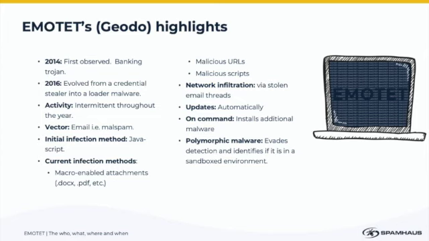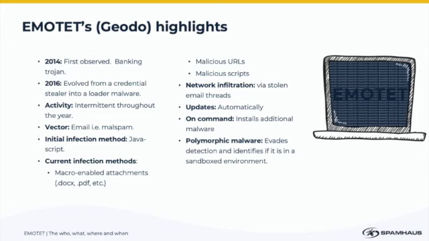But now it's using macro-enabled attachments. It's linking to URLs, and in some cases, some emails may even contain the malicious script themselves, where people are allowing these scripts to be run within the emails. But it's largely happening via that type of distribution method rather than JavaScript.